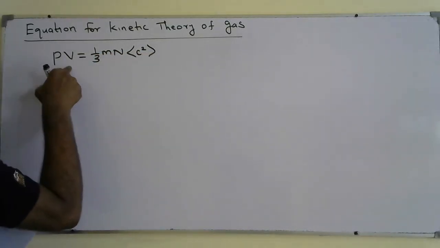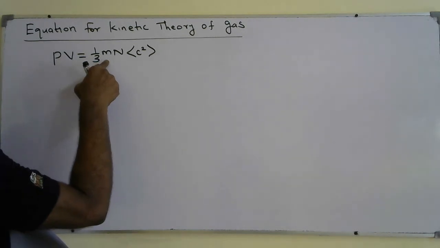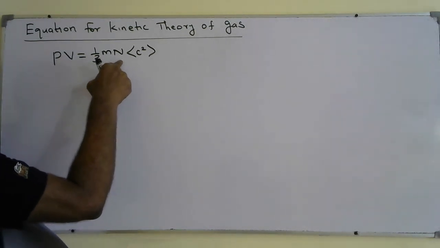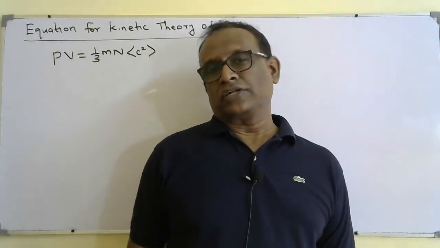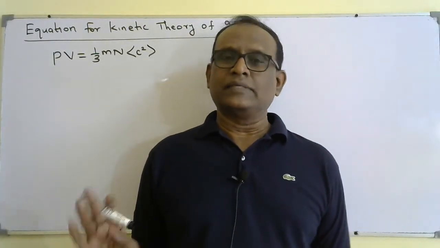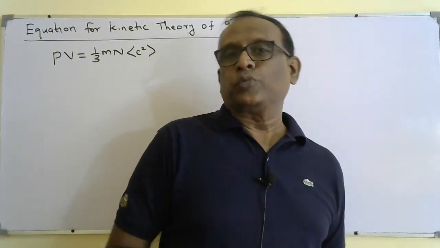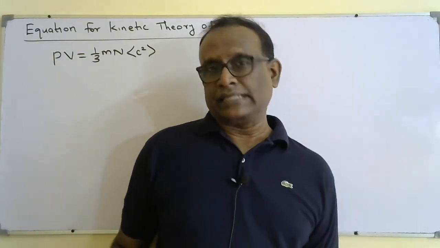Pressure, volume occupied by the gas, mass of a gas molecule, number of gas molecules, and mean square speed. All quantities you know, but the derivation is not in your syllabus. Even this equation is not in the syllabus, but sometimes in an A2 paper they might introduce and ask, so that's the reason I am giving it.